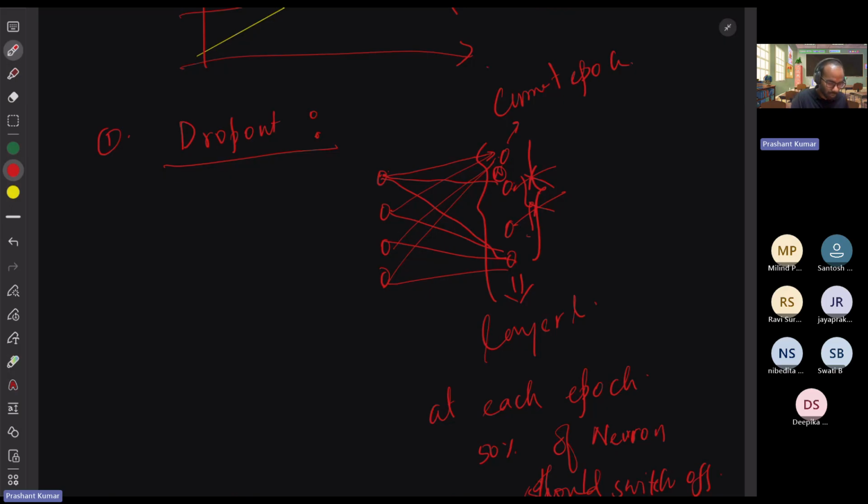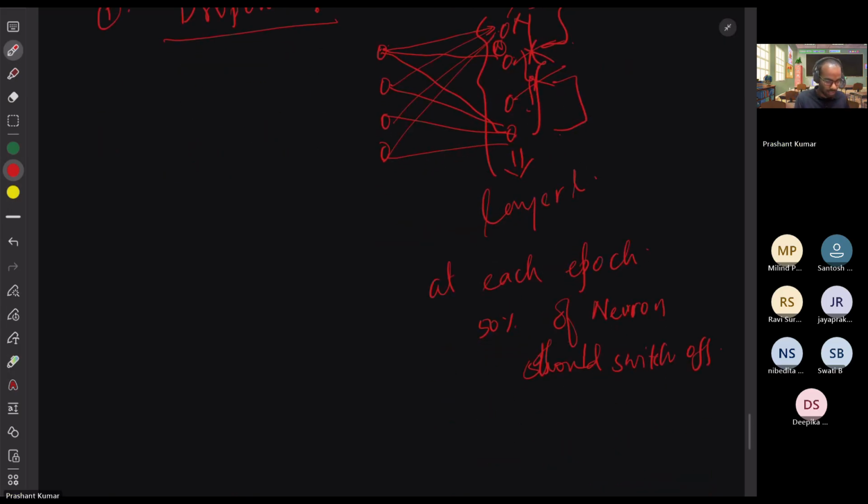In the next epoch, maybe this will not get used and this will not get used, and these two are getting used. But my idea of writing the algorithm is that a random certain percentage of neurons from that layer will not participate in the training as well as creating the output. Okay.